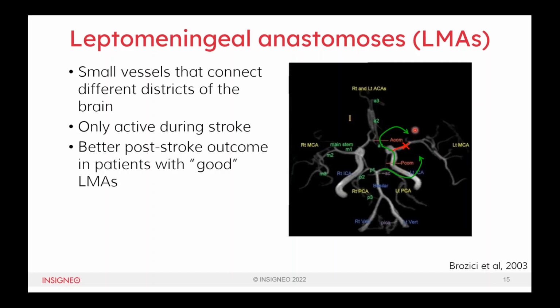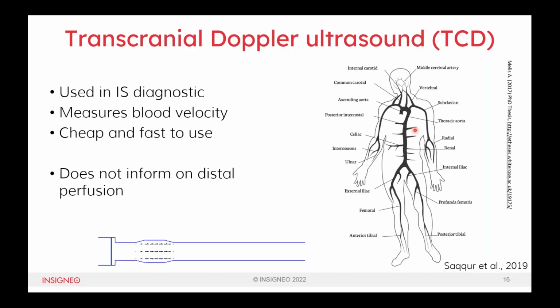And actually, it is possible to measure the blood velocity, and this can be measured by means of the Transcranial Doppler ultrasound, or TCD. TCD is a device that sends sound waves into the skull of a patient and estimates the blood velocity in the underlying vessel by measuring the frequency shift of the reflected wave.